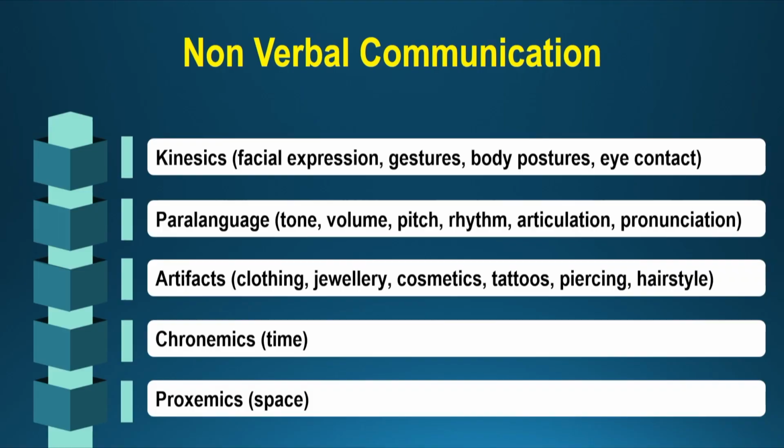Thus, a teacher needs to pay attention to all these five different categories of nonverbal behavior and remain proficient in communication skills. And all those four basic skills of speaking, reading, writing, and listening, they need to be possessed by the teacher if he wants to effectively communicate to the students.